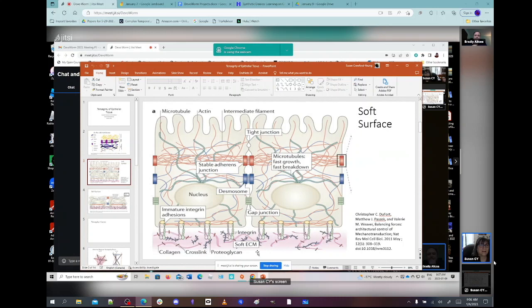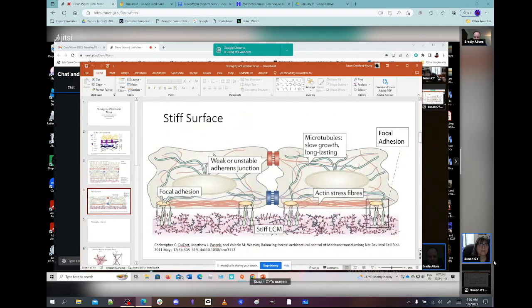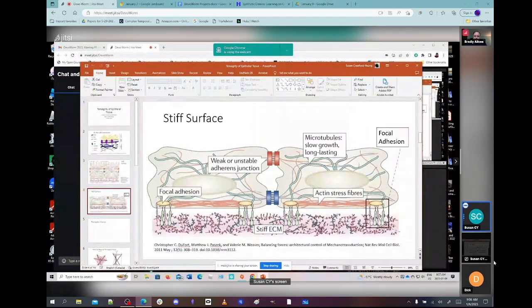So I guess this is soft. There's really just some attachments at the bottom. And then this is a stiff surface, and a lot is happening with the substrate, the extracellular matrix at the bottom.